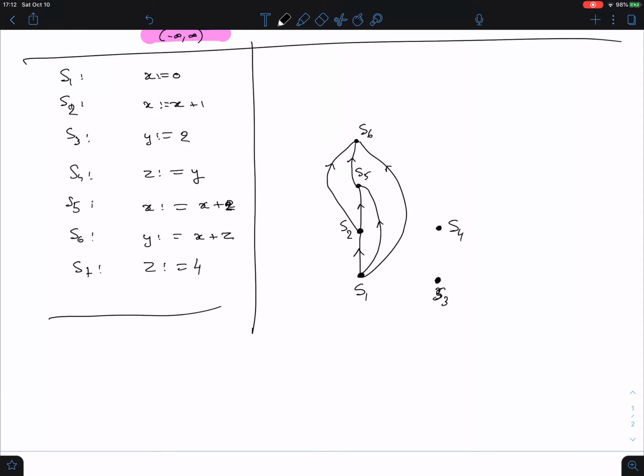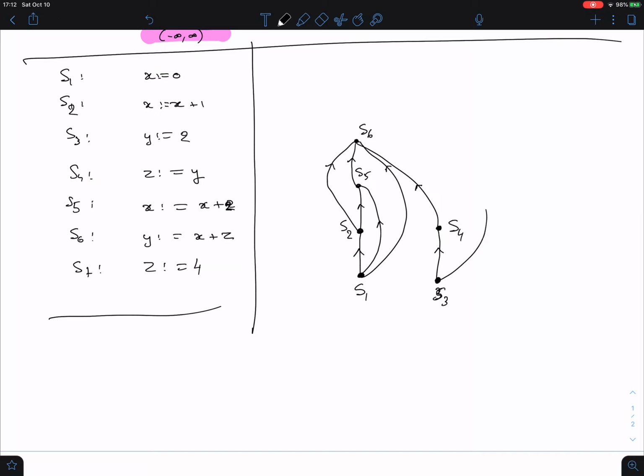What about S3? Well, we need to carry out S3 before we can do S4, because in S4 we need the value of y. And the next dependency is going to be that S6 needs S4. We need to do S4 first before S6, because we use z in there, which is defined in S4.